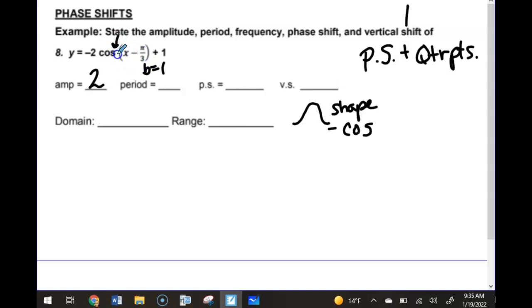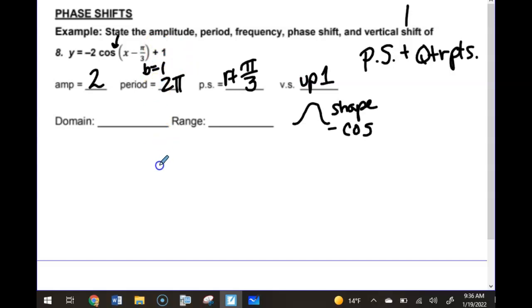There's no B in front of the parenthesis. So the period is 2 pi, because remember it's always 2 pi over B. This one has a phase shift of pi over 3, but is it left or right, guys? It is right pi over 3. The vertical shift, it does unfortunately also have a vertical shift of up 1 on the back. Everybody see that +1 back there?